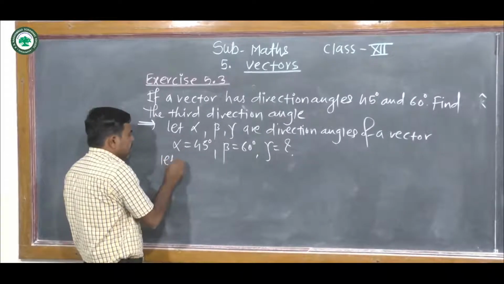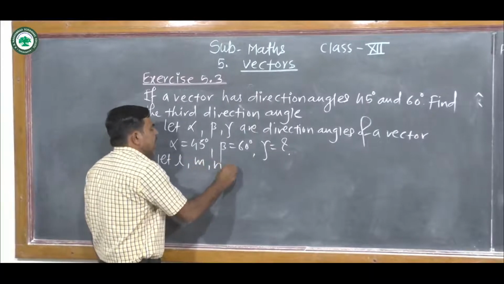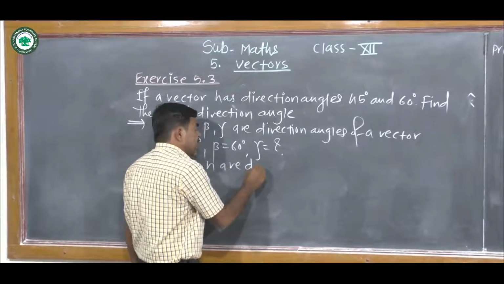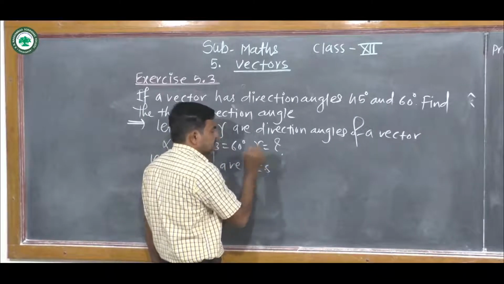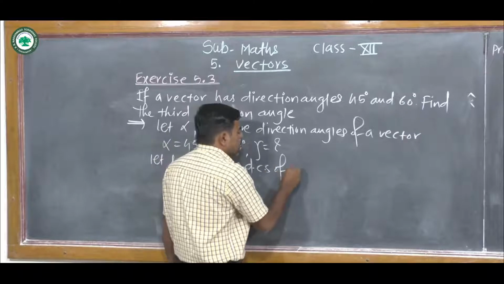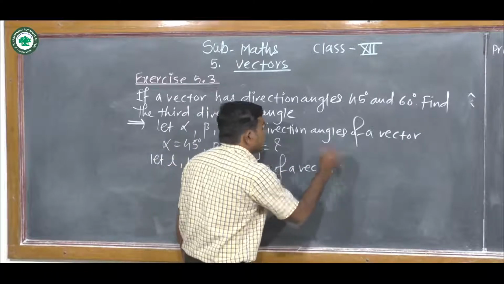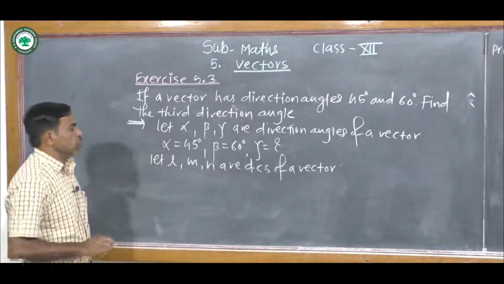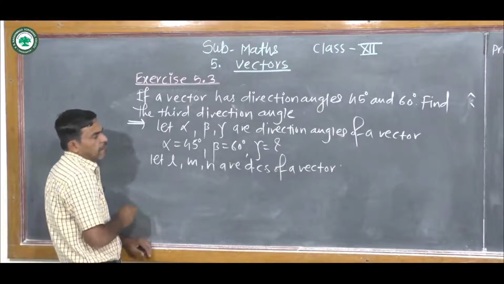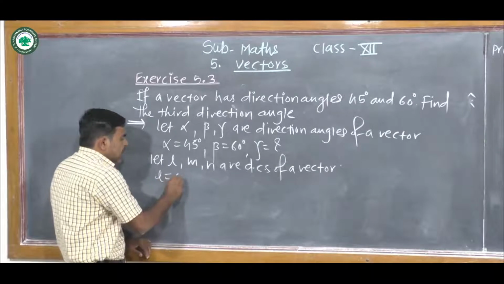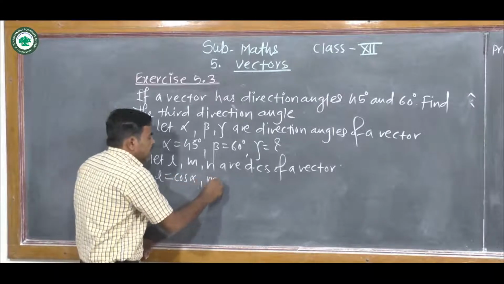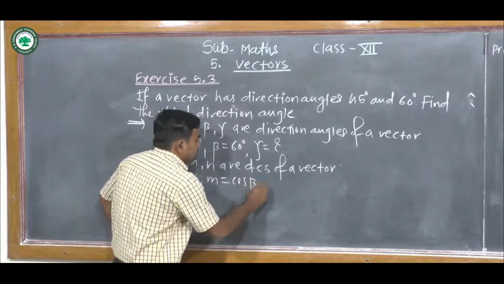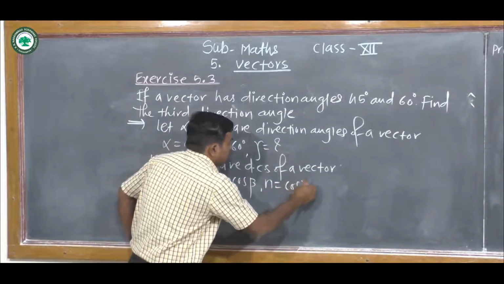Let L, M, N be direction cosines, or in short DCs, of a vector. So L is equal to cos alpha, M is equal to cos beta and N is equal to cos gamma.